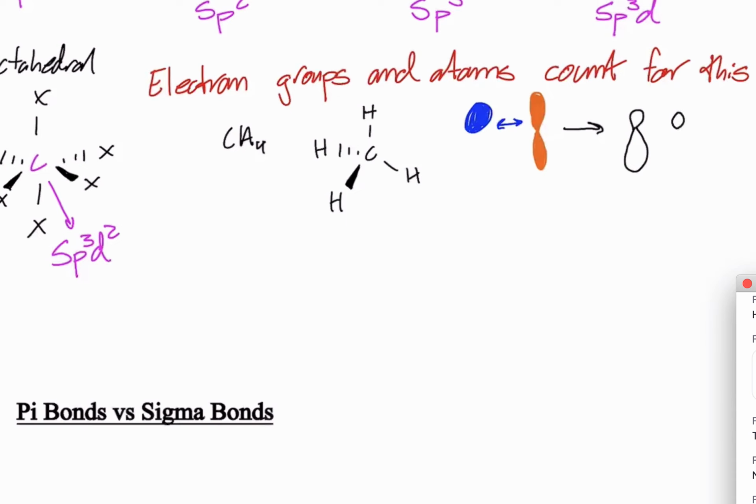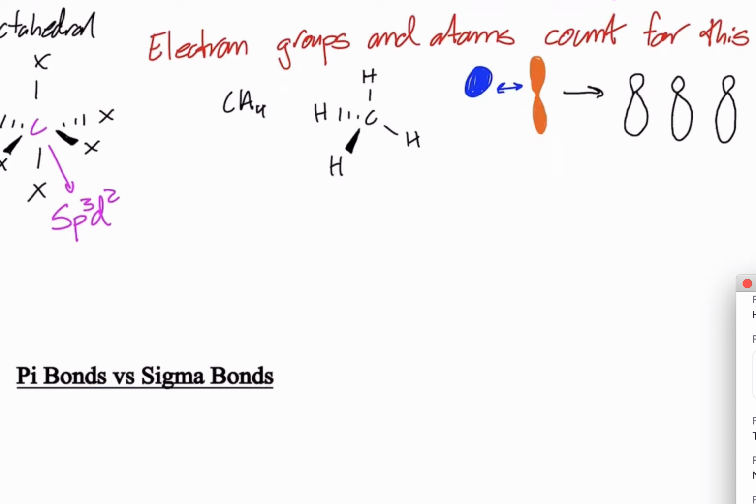And you're going to get 4 of those. And so these are my sp3 hybridized orbitals, and there's 4 of them. So that's an sp3, that's an sp3, that's an sp3, and that's an sp3.